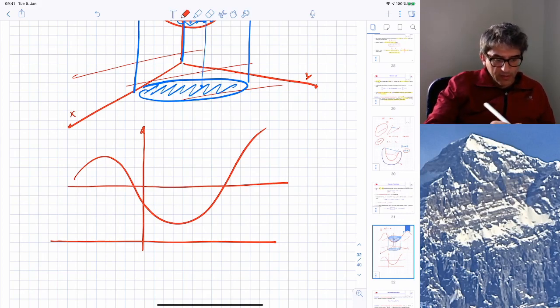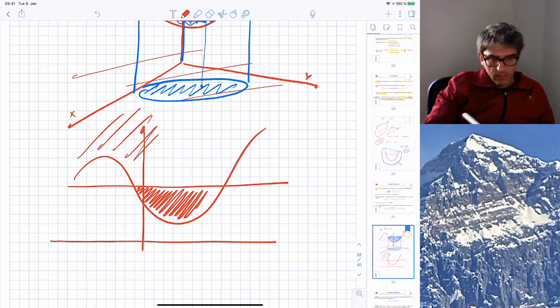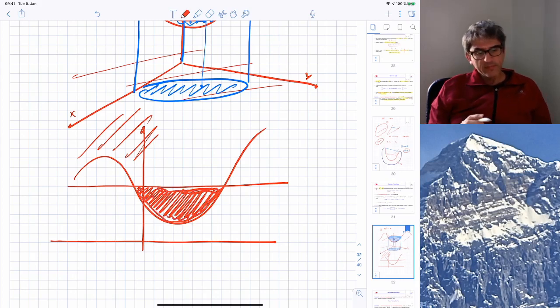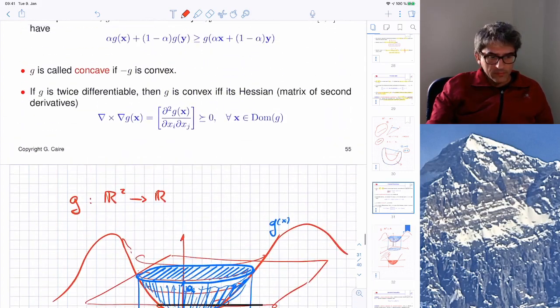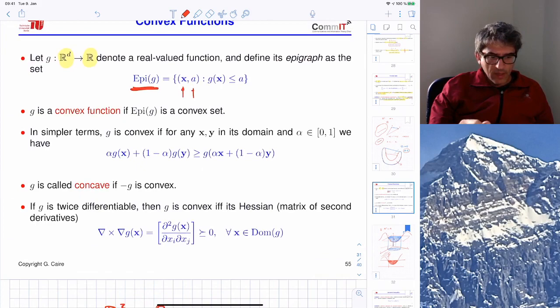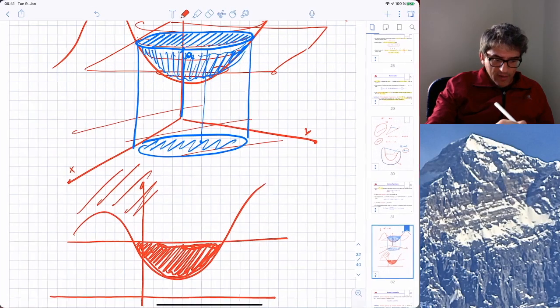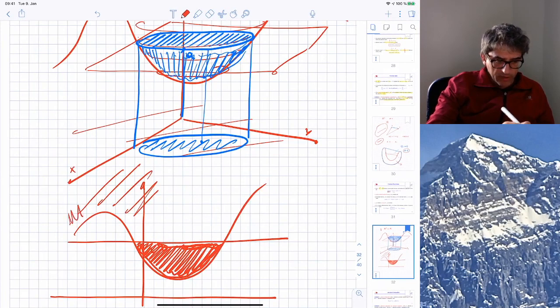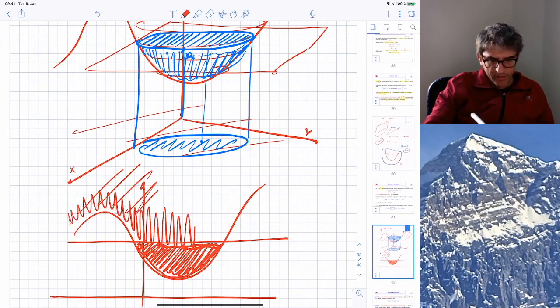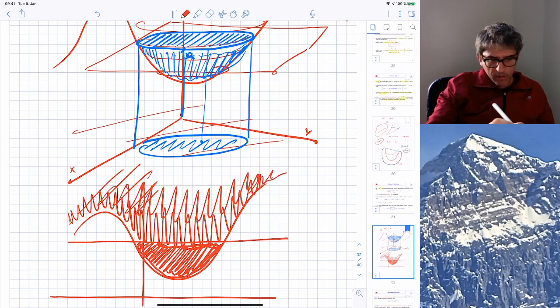And then I see the epigraph is going to be basically the set supported by the function and the level. And then you do this for every a, and so at the end you're going to have basically all the supported set, the area above the function g.